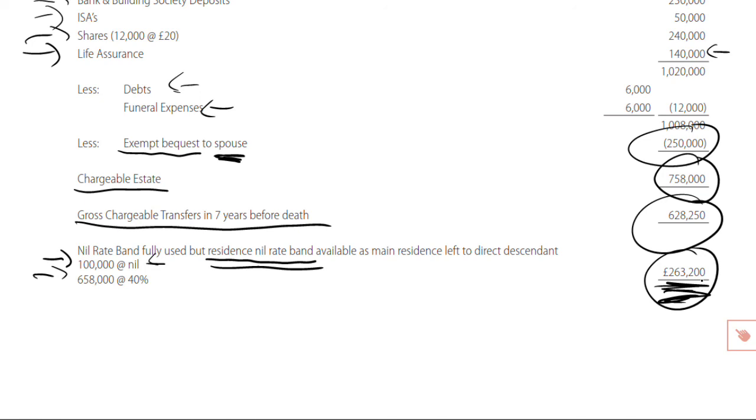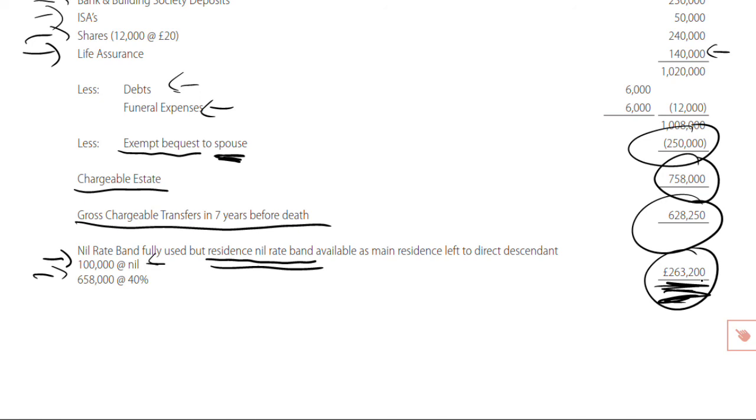Now, we already know that if there had been a PET more than 7 years before the date of death, then it was not chargeable when made, it was not chargeable on death, so the amount of that transfer was ignored. It would not be taxable, nor critically would it impact on anything that is taxable.